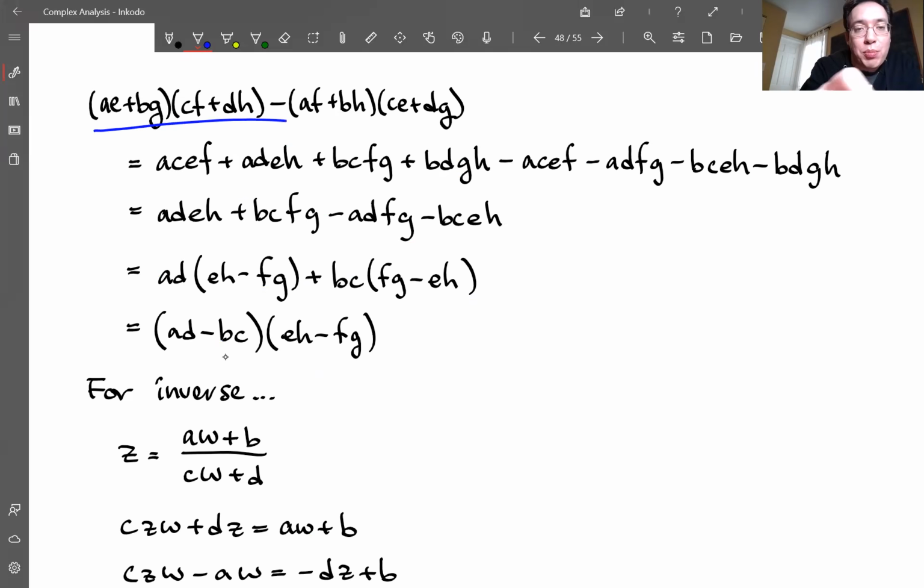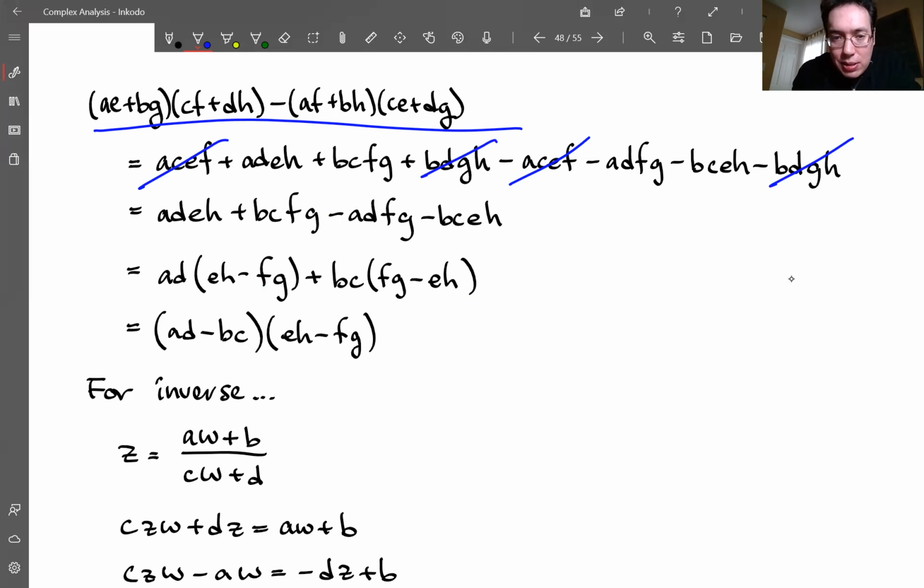If you multiply it out, FOIL everything out, some of these will cancel out. Let's see, so ACEF cancels out, and BDGH also cancels out. So we have 4 terms left.